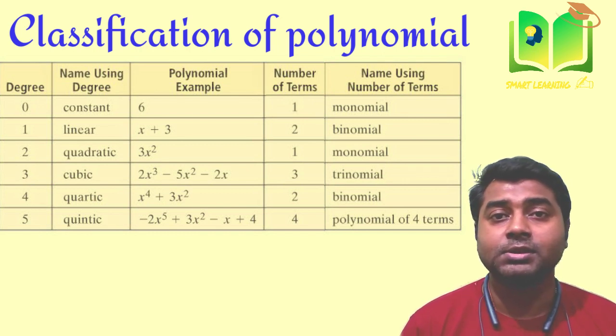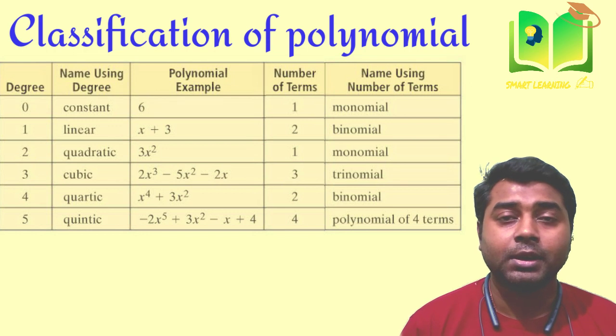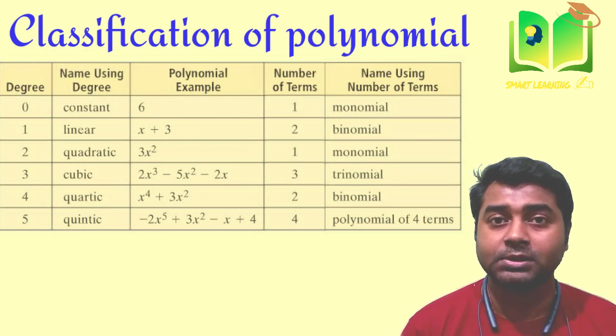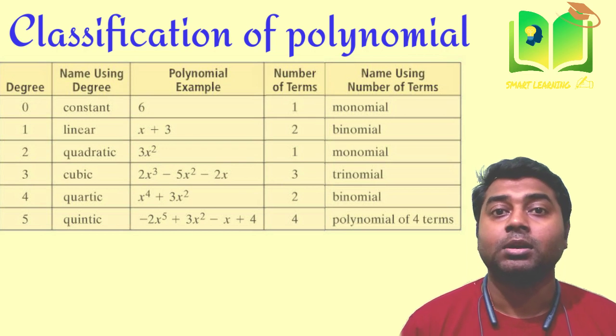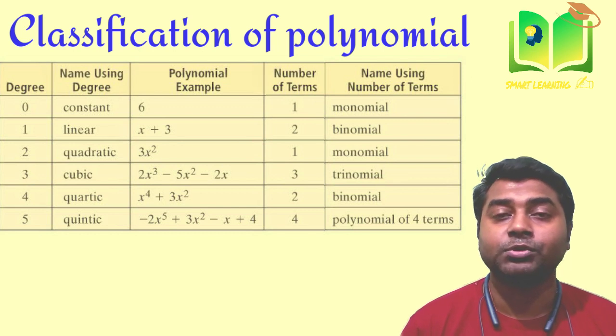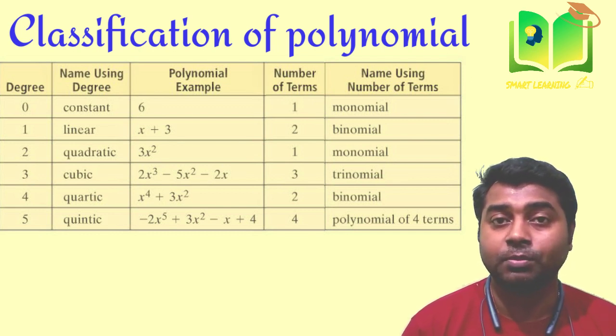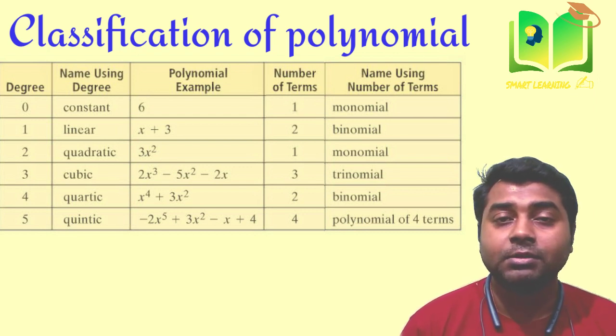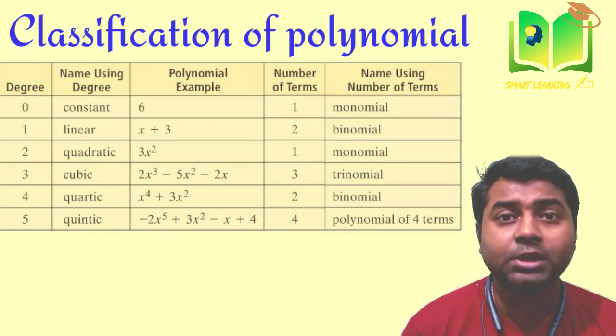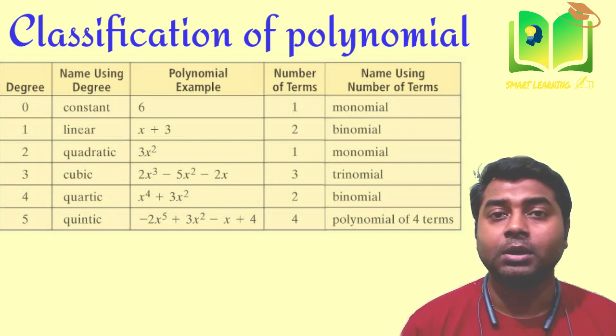If the degree is 4, like x to the power 4 minus 5x cube plus 3x square plus 2, this type of polynomial is known as a quartic polynomial. Quartic. And the last, if the degree is 5, suppose x to the power 5 minus 2x to the power 4 plus x square plus 7 equals 0, like that, at that time we will say this polynomial is known as a quintic polynomial.